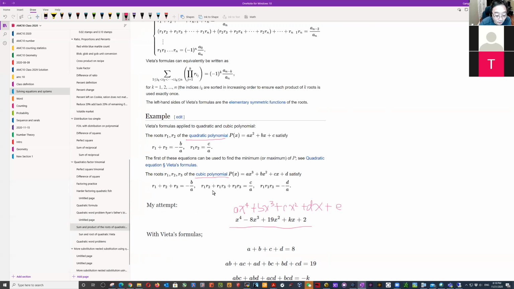And then these are the cubic polynomial. If it has roots, then root 1 plus root 2 plus root 3 equals negative b over a. And here is the product of two of the roots. Because in the quadratic equation you only have two roots, the product of two of the roots is just the product of all the roots.